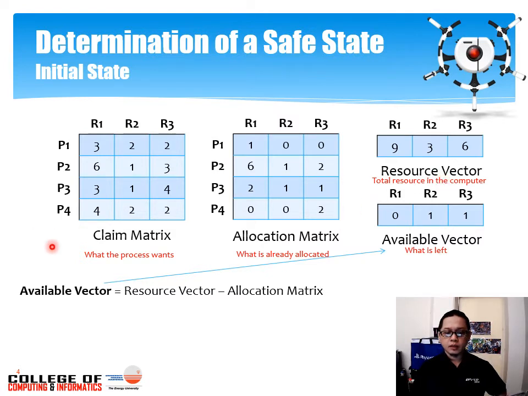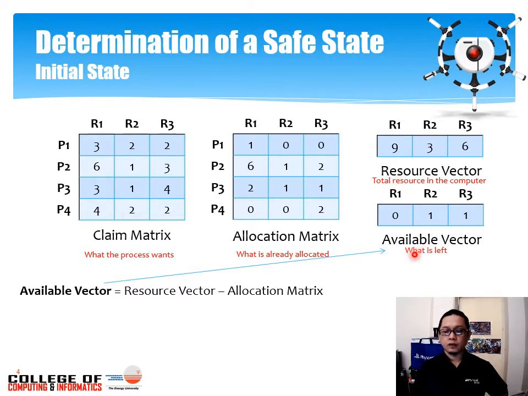The claim matrix simply means what a process wants with the resources and how many resources are needed. The allocation matrix is what is already given to the process with regard to the resources. Then you have the resource vector, which is the total resources available in the computer or in the system.